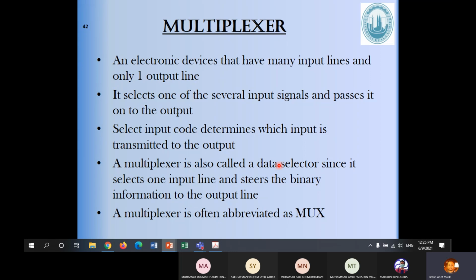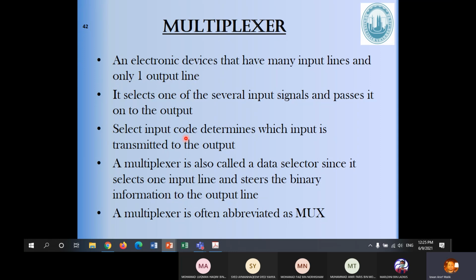For multiplexer, there is none. It selects one of the several input signals and passes it onto the output. So if you have 4 to 1, one of the inputs will become the output. Hanya satu saja yang akan dipilih untuk jadi output.